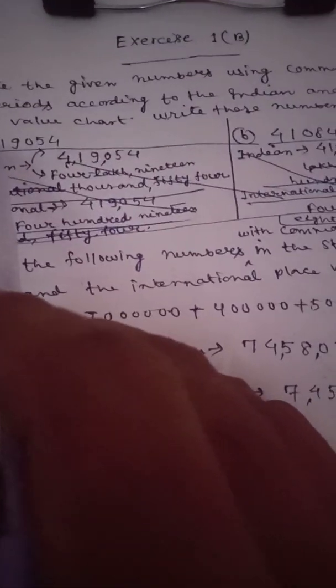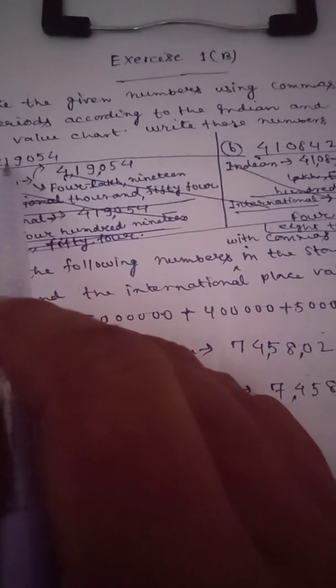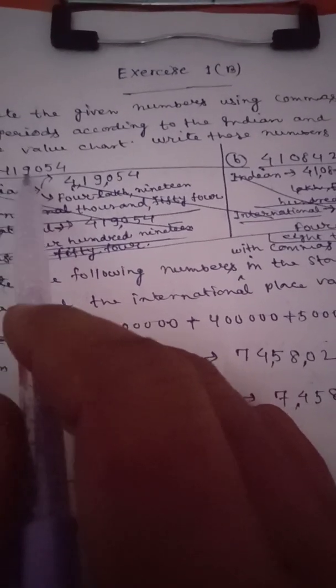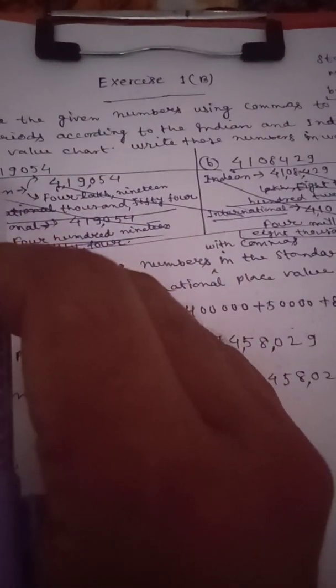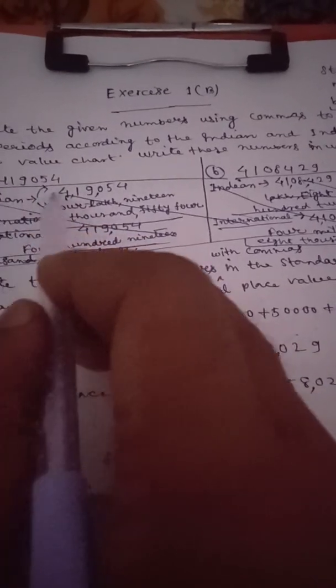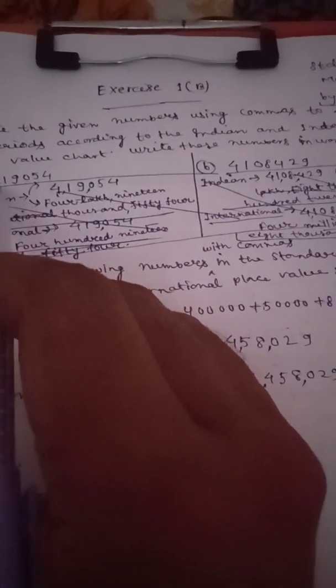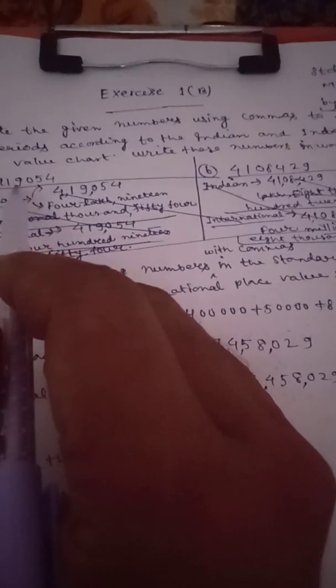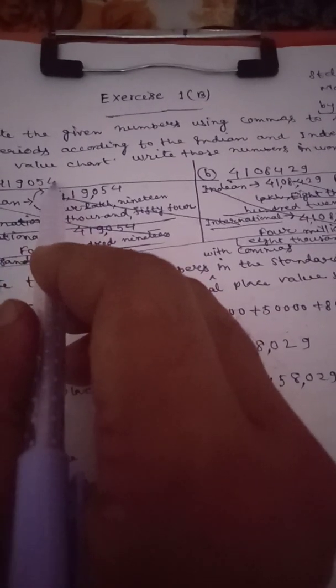So here the number is 4,19,054. We can read this number in the Indian number system as 4,19,054. But according to the international number system, we read this number as 419,054.